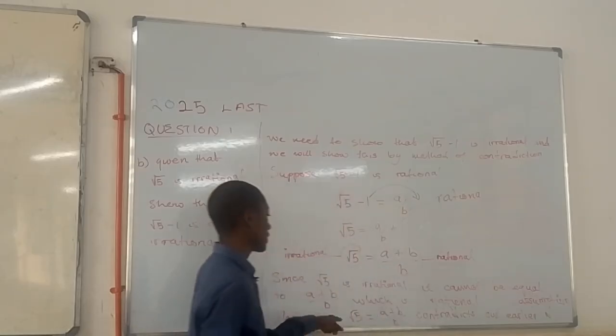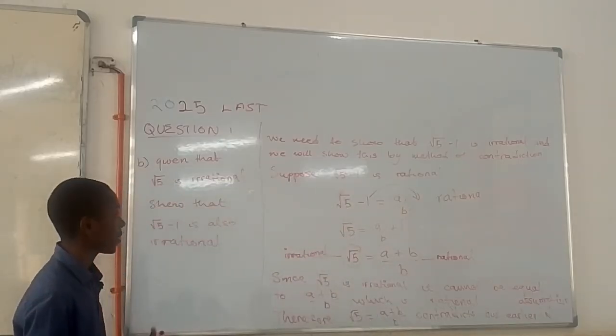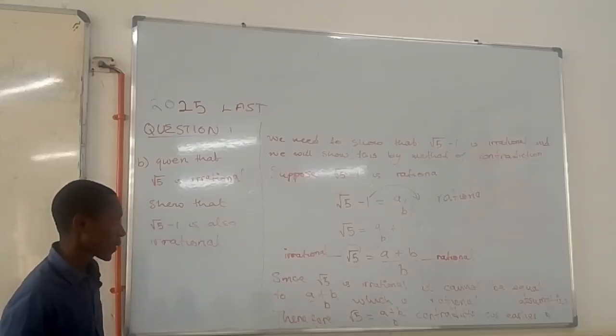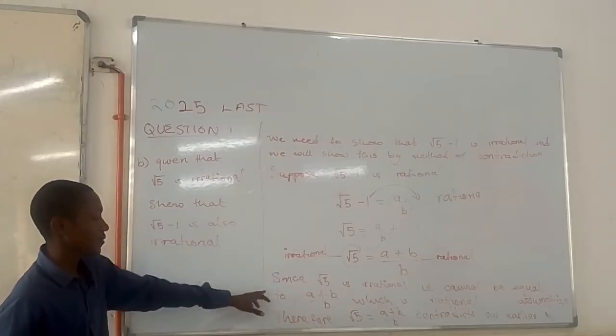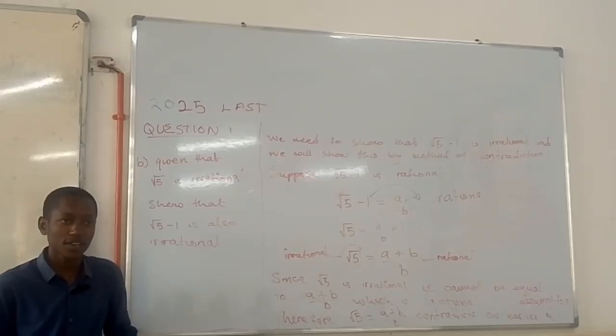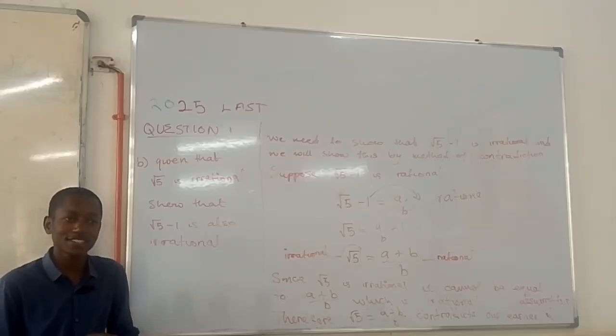So this contradicts our earlier assumption, the assumption that we made at the first step. What you need to know is that this is not the only way that you can finish this. The key is the understanding.